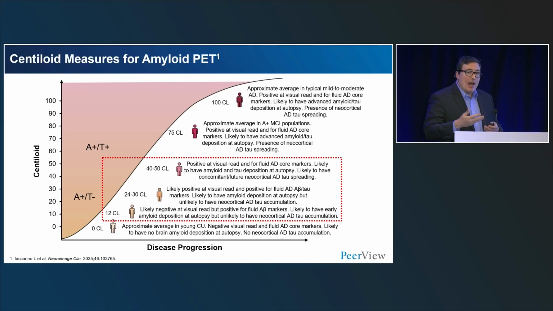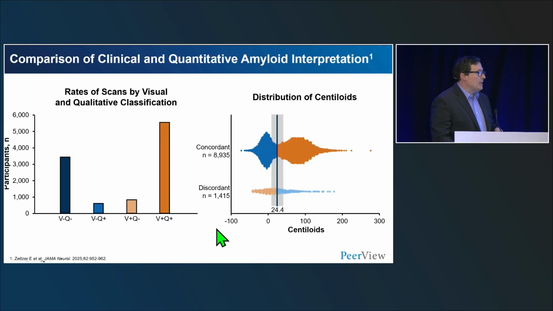And so while we're asked to rate our scans as positive and negative, we call these borderline positive or borderline negative. Some people call it intermediate. But bottom line is, I think you should make sure your clinicians understand what you're saying, but think about differentiating this group from the people who are clearly positive or clearly negative, both visually and on Centiloids. And we'll show some examples.